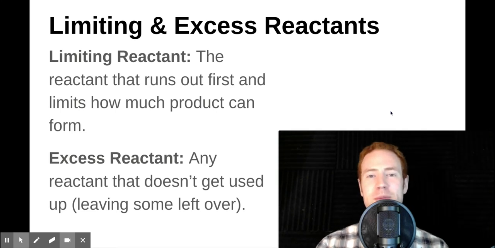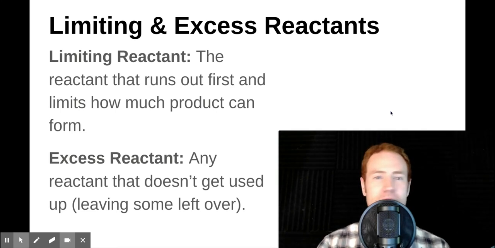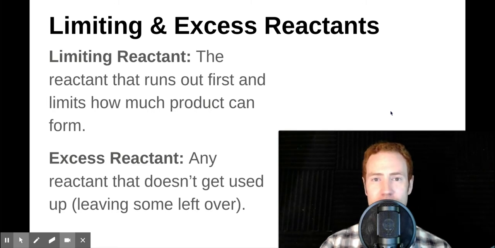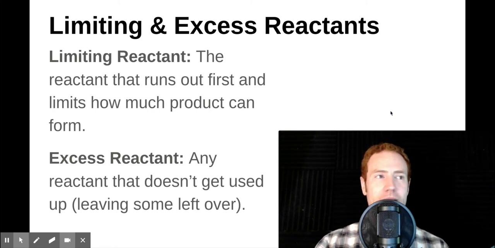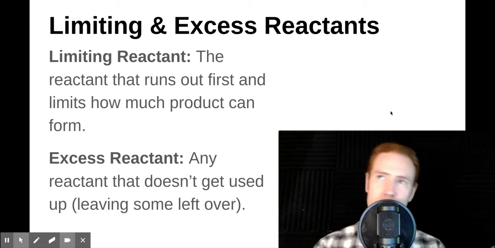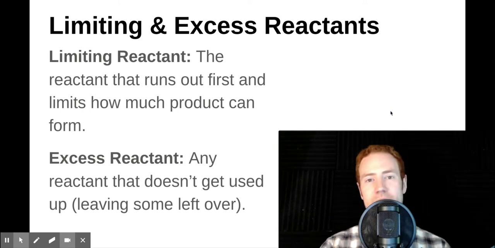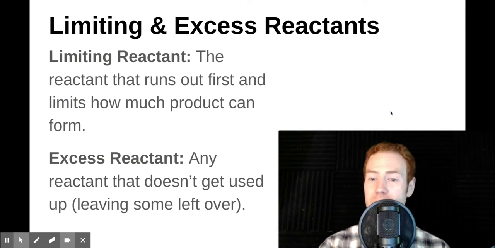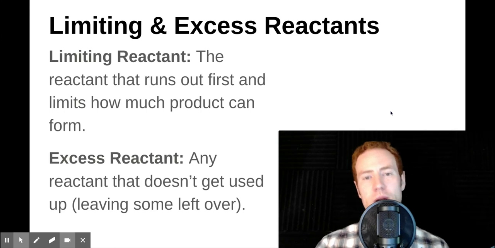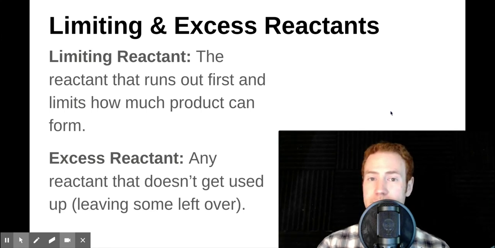When you perform a chemical reaction on a lab bench, in a lab, or when you're doing research or for any other reason, it is very, very unlikely that you're going to have a perfect ratio of reactants where they will all react together and everything will be converted to a product and there will be nothing left over from the reactants. Usually, you've got a little bit more of one of the reactants than the other reactants. And so, in most cases, we end up with limiting and excess reactants.